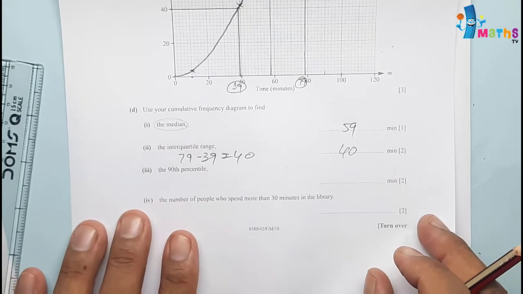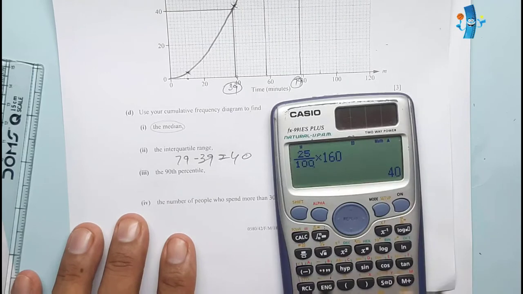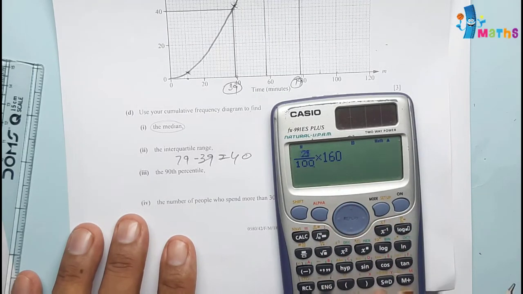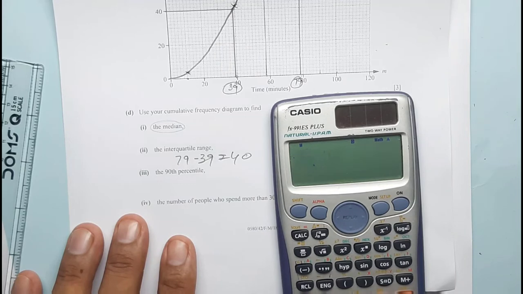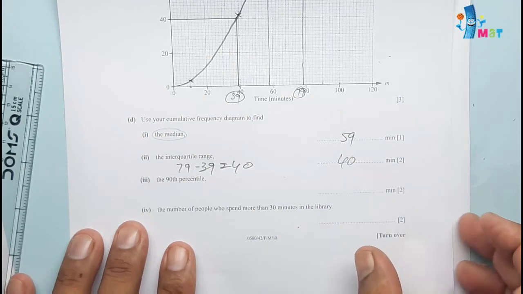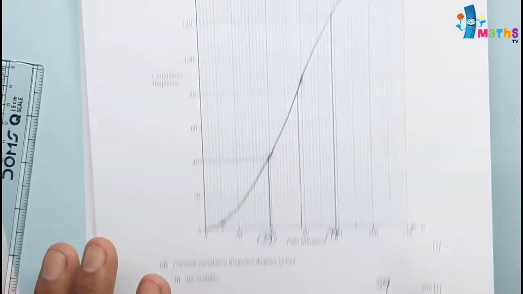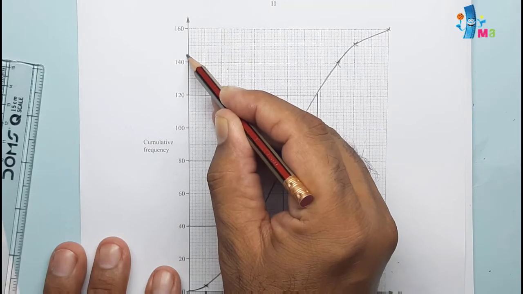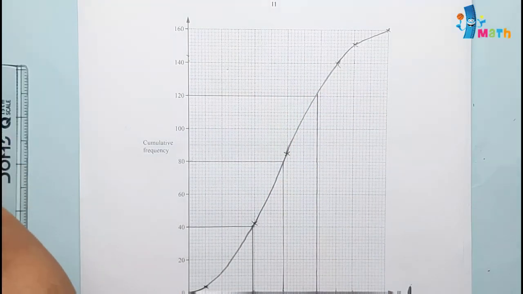Third part is the 90th percentile. To calculate the 90th percentile, we will check. This is the 90th percentile, which is 144. This is 140, so 144 is up to this line.